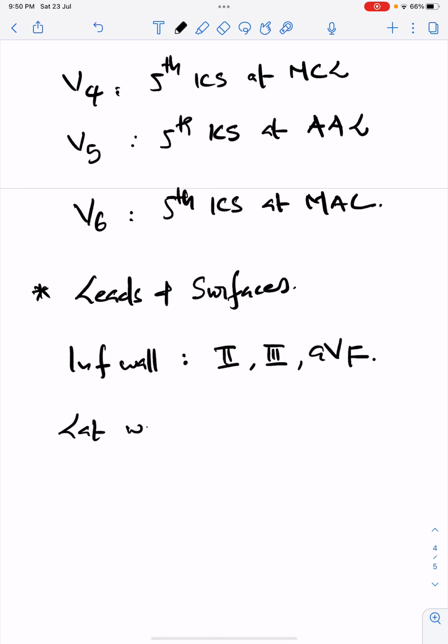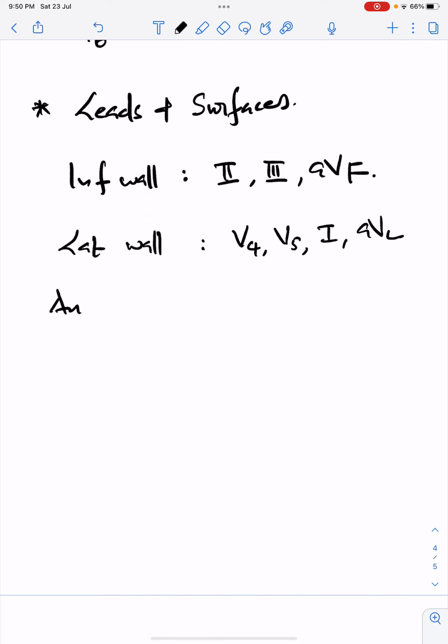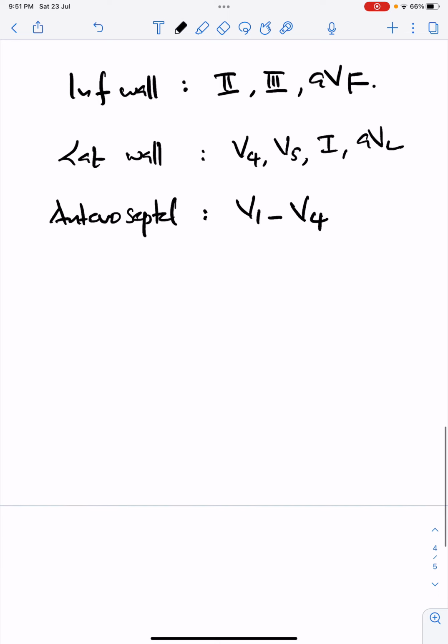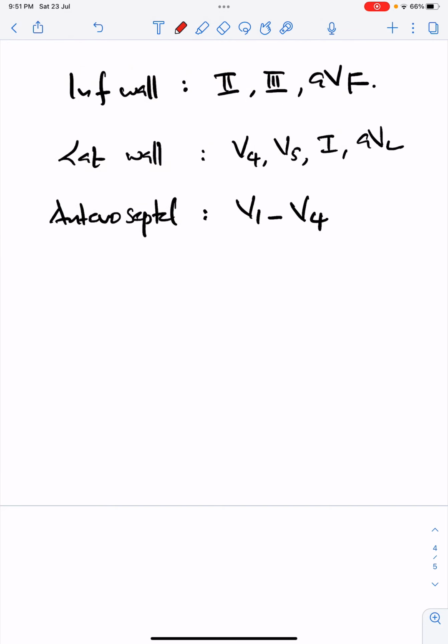The lateral wall is represented by V4, V5, lead 1 and AVL. The anteroseptal part of the heart is represented by leads V1 to V4. So this can be easily understood by a diagram representing the spatial orientation of the leads.